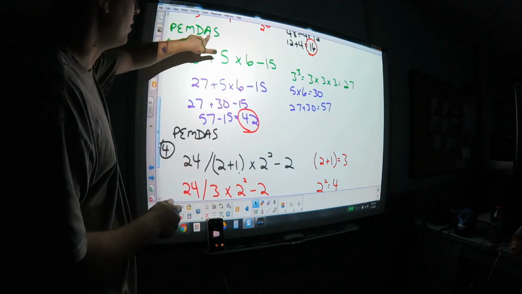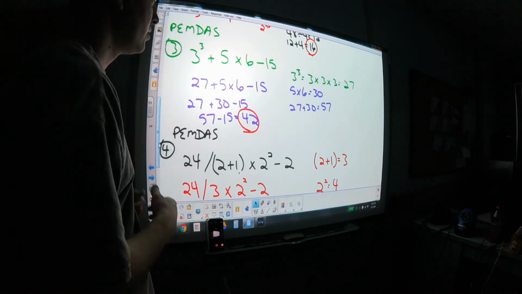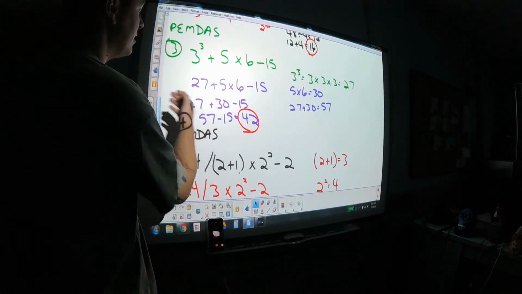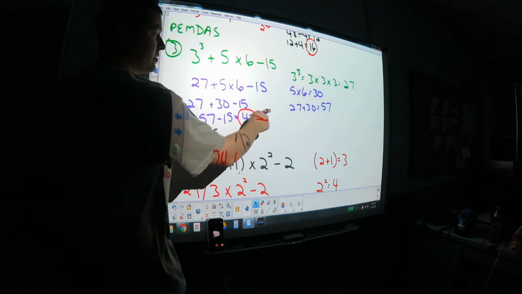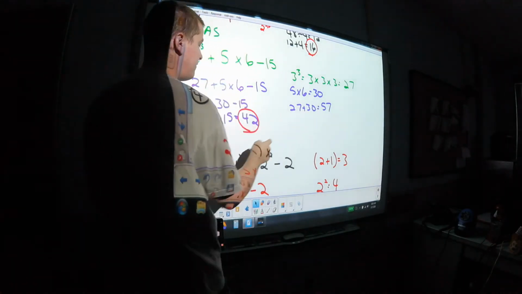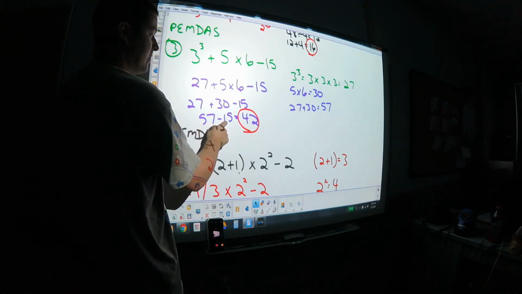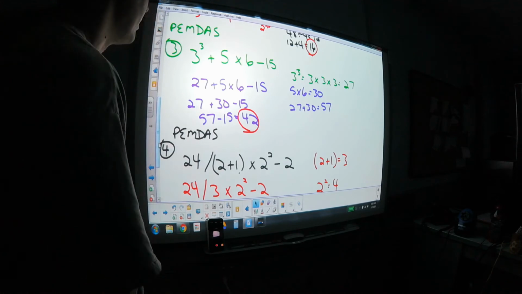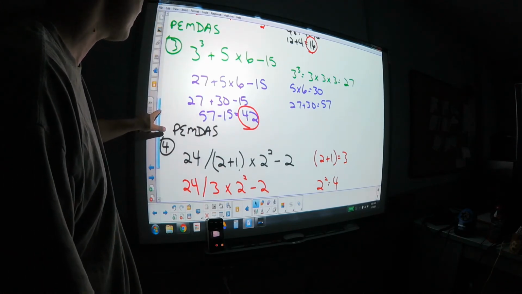Now, going to the last two, you have addition and subtraction. So now that we have addition and subtraction within the same problem, we have to read left to right. So 27 plus 30 comes first. So 27 plus 30 is 57. So now you have 57 minus 15, which is 42. So on number 3, the answer to it is 42.